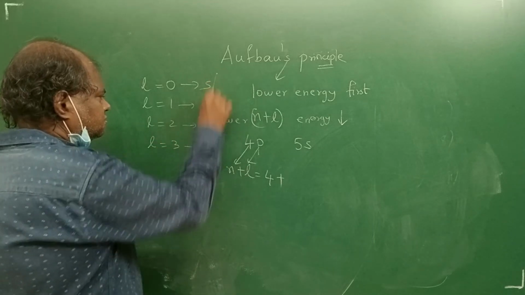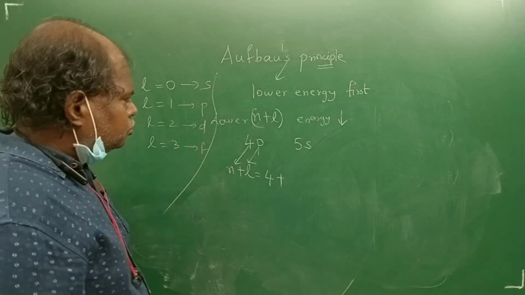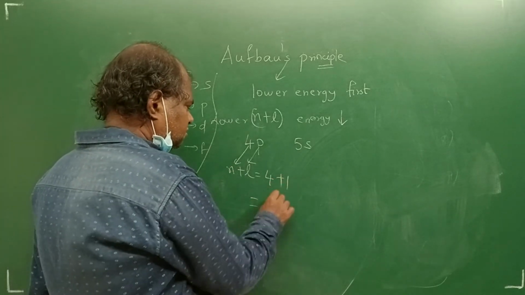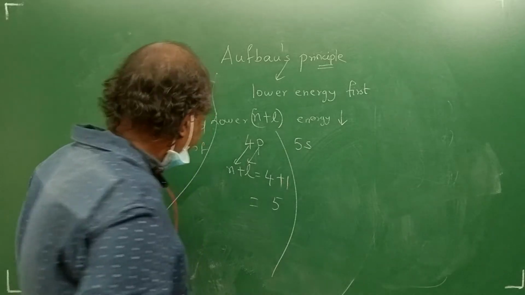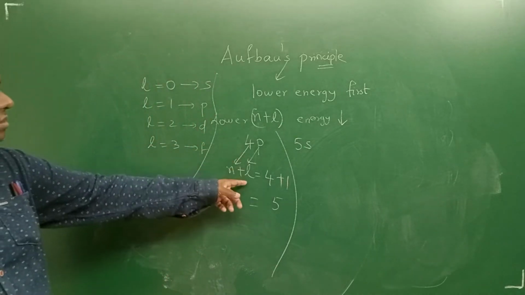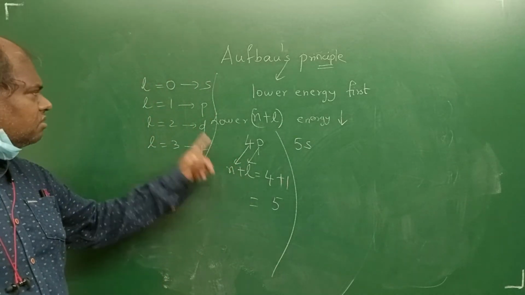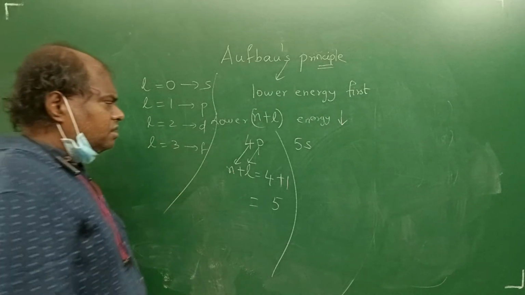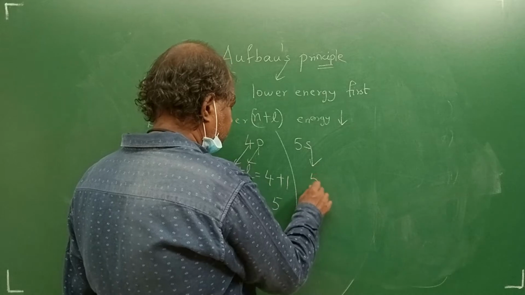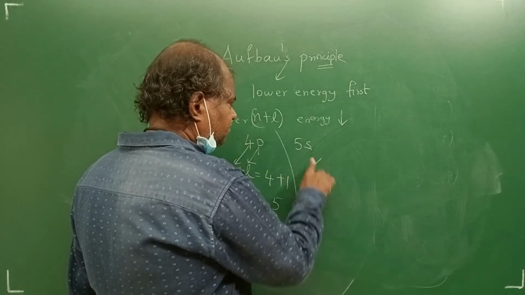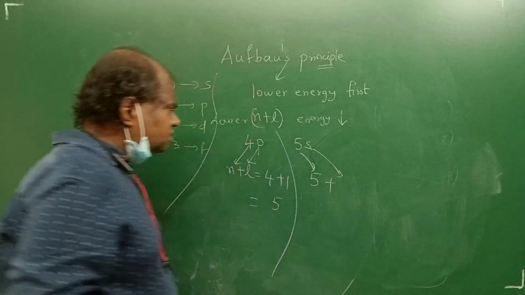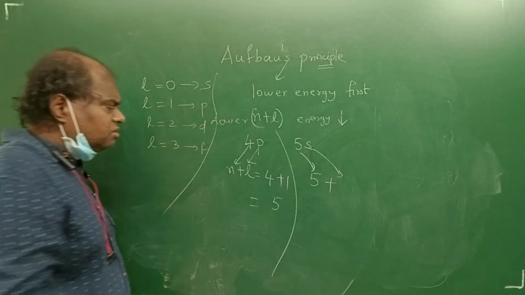So for p orbital, L is equal to 1, so the value is 5. Now let us do 5s. The n value here is 5, and for s orbital, L is equal to 0.